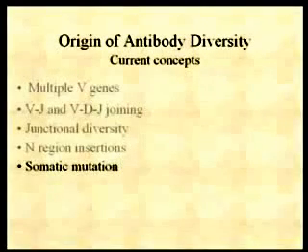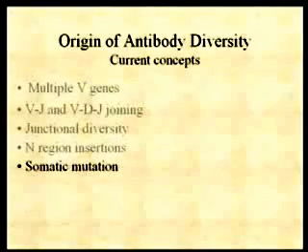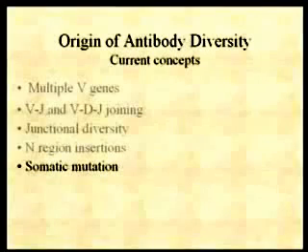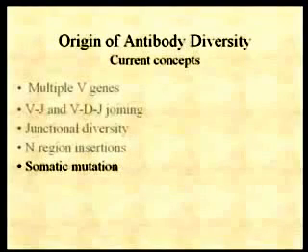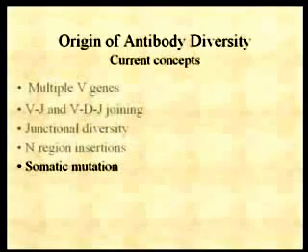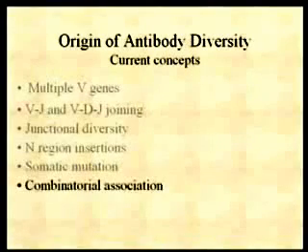But it doesn't explain what's happening in hypervariable regions 1 and 2. And there is a somatic mutation mechanism that can introduce mutations. The mutations are not completely random. There are, in fact, hotspots in the gene where the mutation tends to occur. So somatic mutation adds some additional diversity.